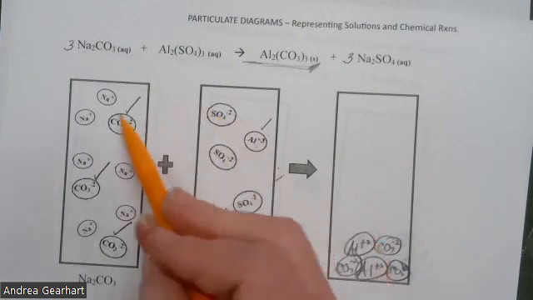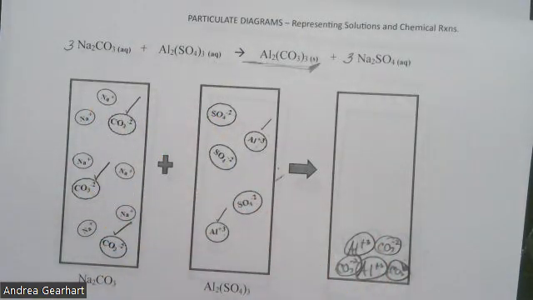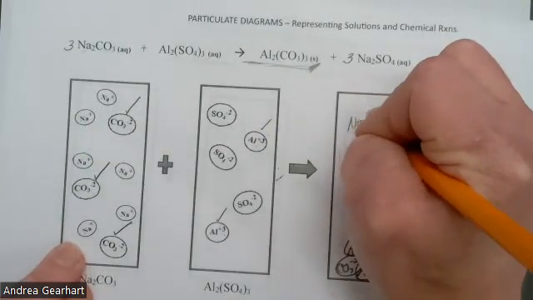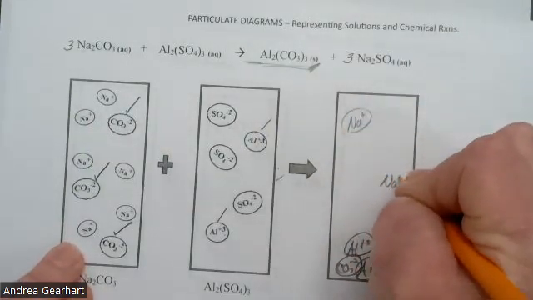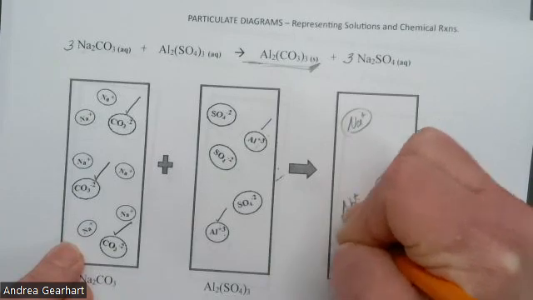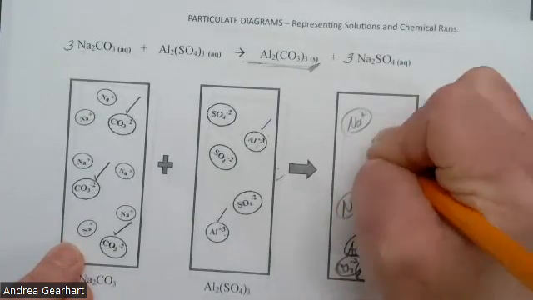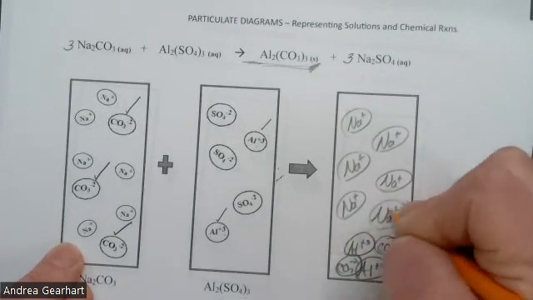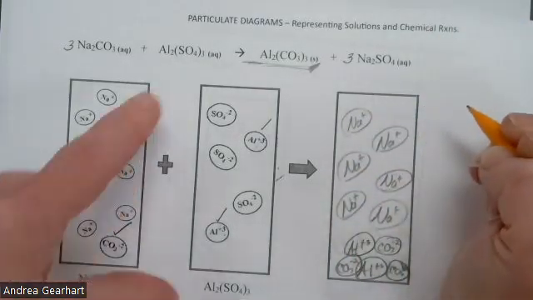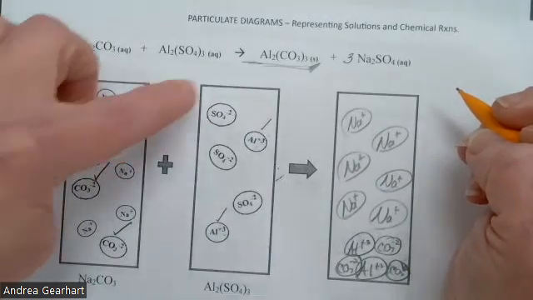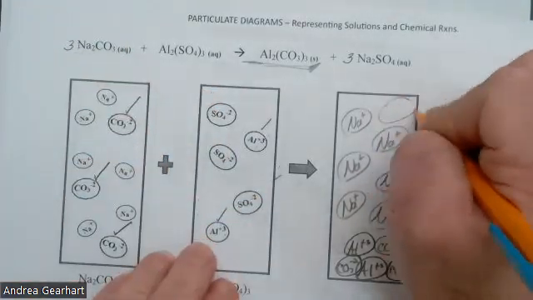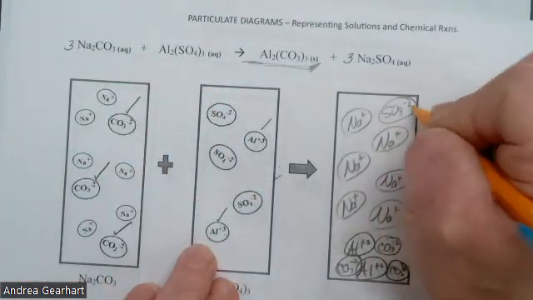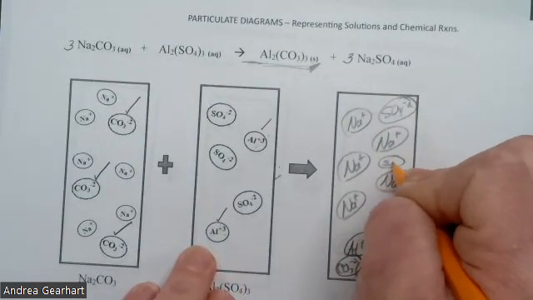So what's going on with the remaining? They're spectators. So these 6 sodiums, they do not react. They will remain liberated in solution. One, two, three, four, five, 6. And then my 3 sulfates. Oh, I drew these too big, huh?